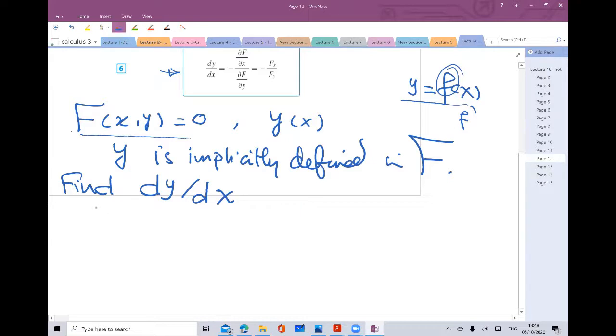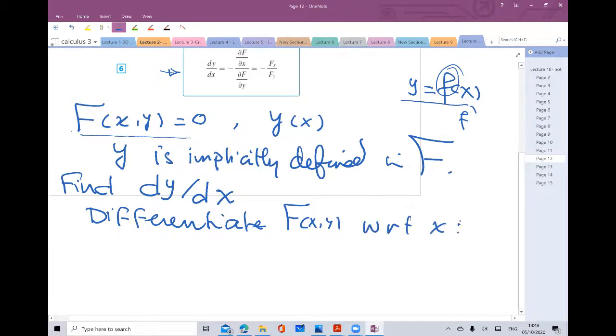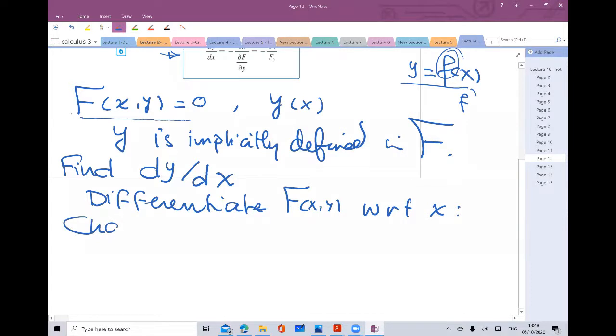So, differentiate the function, which is F of x, y, with respect to x. I'm going to apply the chain rule. Now this is an application of the chain rule, because I have F, a function of two variables.